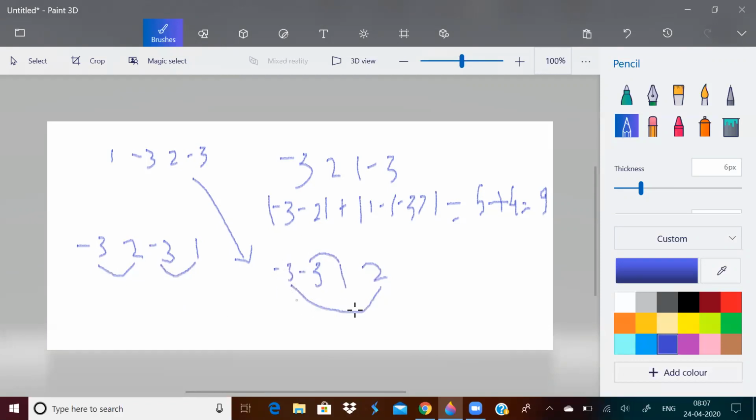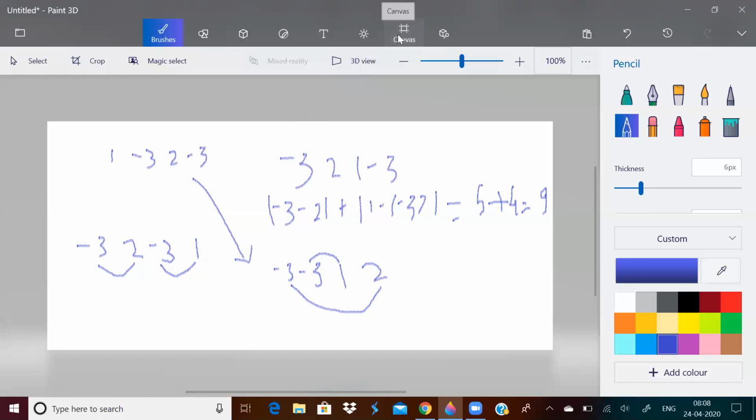The smallest element with the largest element, I am making one pair. Similarly, second smallest with second largest, and so on. Once you get that pair, you just do the absolute value of smallest minus largest. You have to anyway get the absolute value, right? So you do largest minus smallest or smallest minus largest, anyway you get the same thing. Similarly for second smallest and second largest, and keep adding their sums.